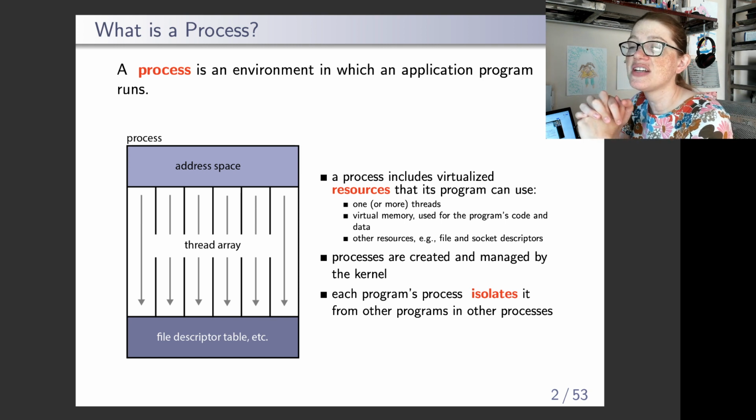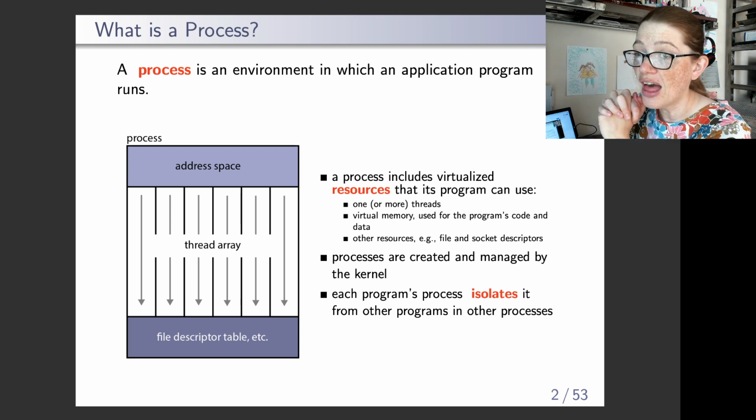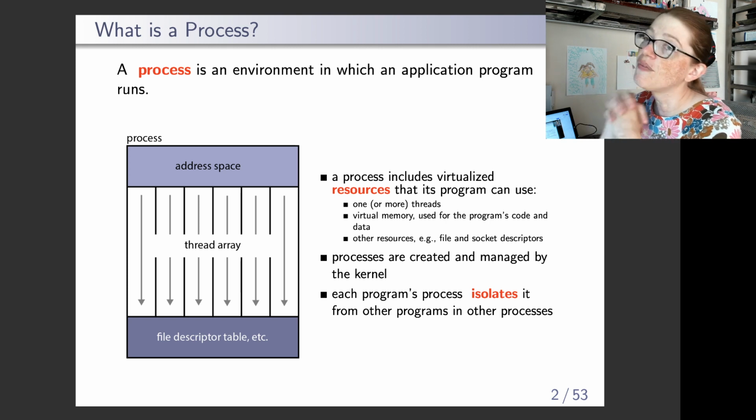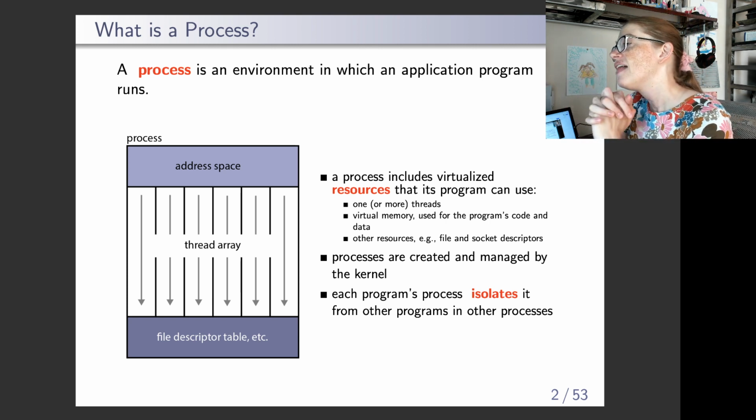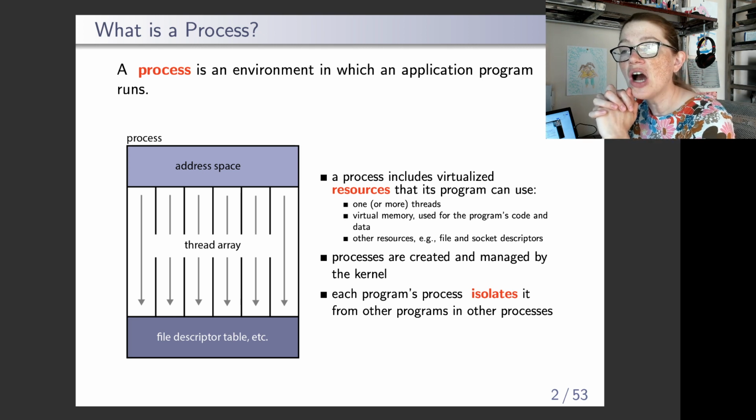I can't have process A directly call a function in process B. We don't permit that. But what we do permit is process A writing to a file and process B reading from that exact same file. Now, that's actually a very bad way of doing this, but it's doable. These methods of letting processes talk to each other are called IPC, or inter-process communication. And we'll discuss them very briefly at the end of this module.